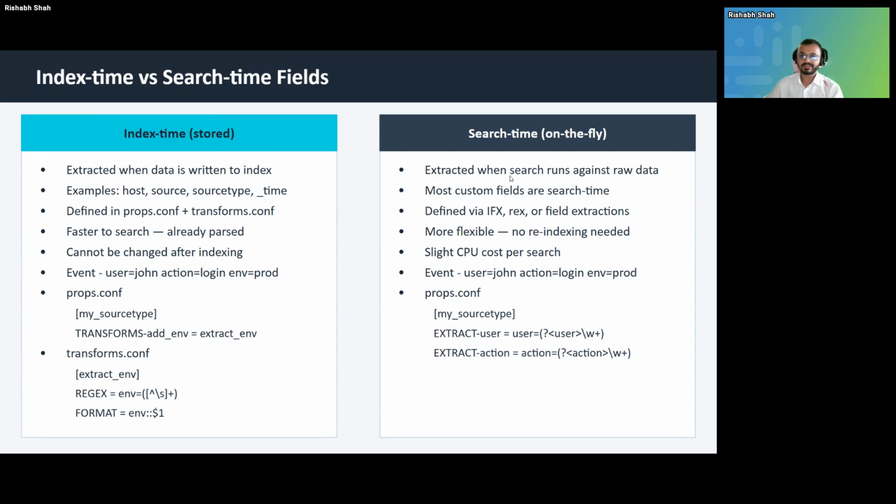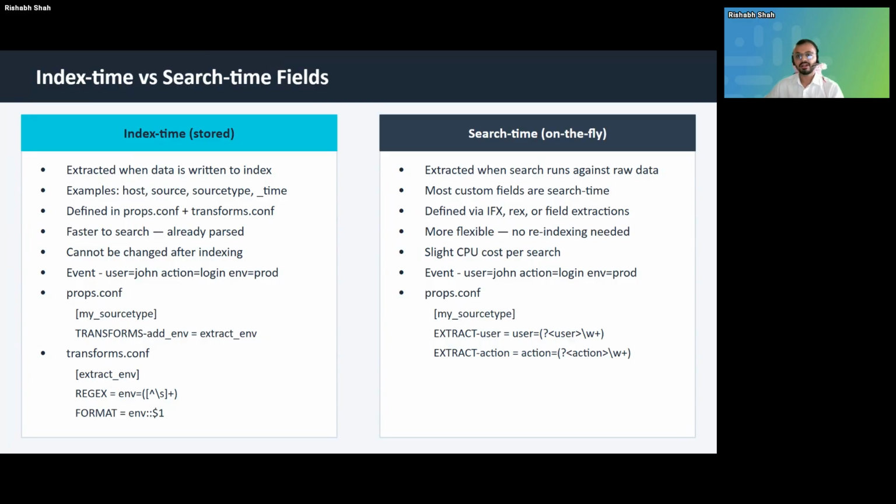If we talk about search time extraction, which we also call on-the-fly extractions, these are the extractions which are done while the search is running. For example, if the logs are already ingested and we need some fields which are not extracted by default or not extracted at index time, we can still get custom fields at search time.